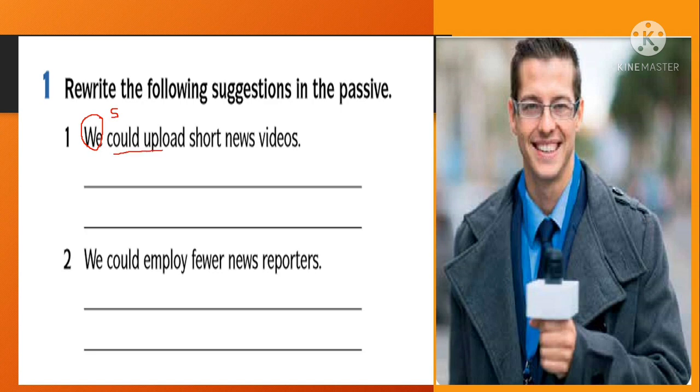Could upload should be the verb. And this one, short news videos, is actually the object. Alright, so in this case, how are you going to rewrite in the passive sentence?